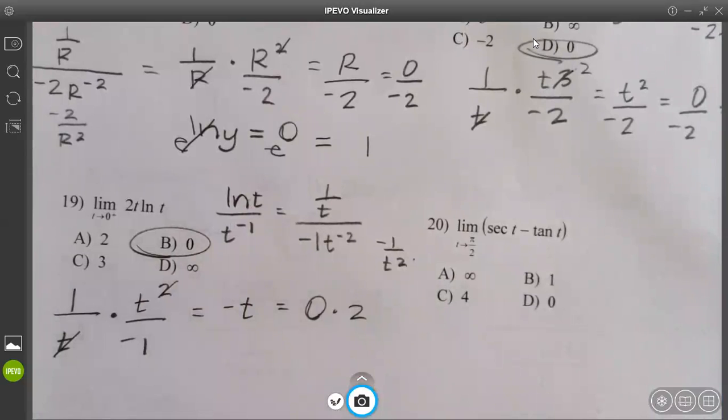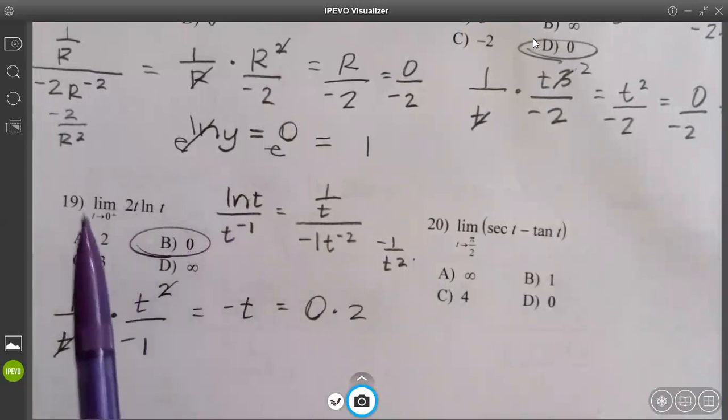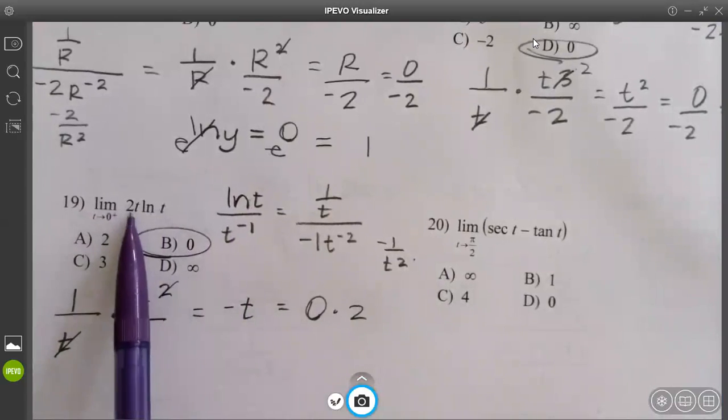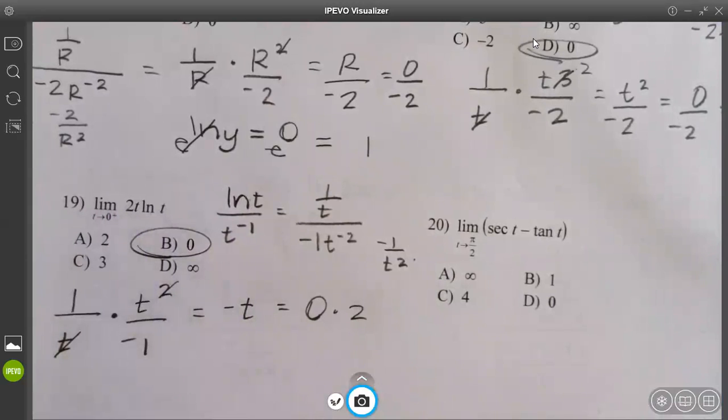We have to make it a fraction. So which one is easier to put in the bottom, the ln t or this t? The t. It'll still work. You can do either one of them. Yeah, it would work, but I always noticed that we always kept the ln t. Yeah, because it's much easier to do that. I just wanted to know why.